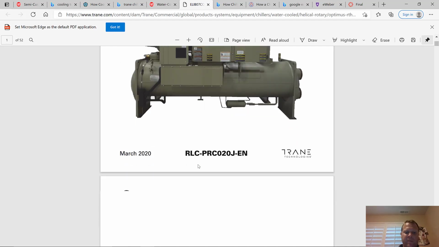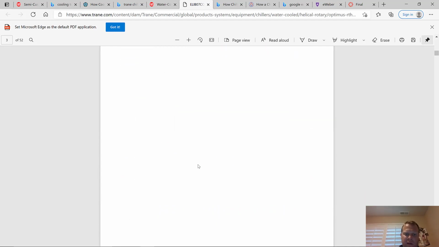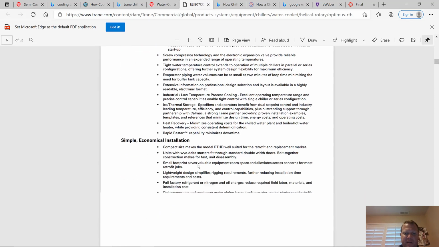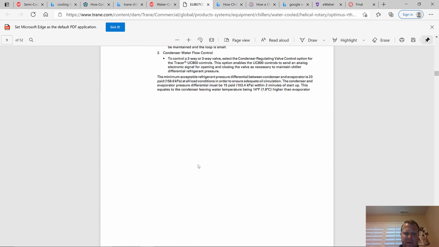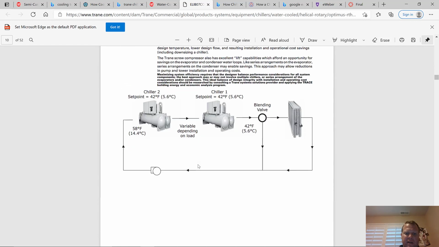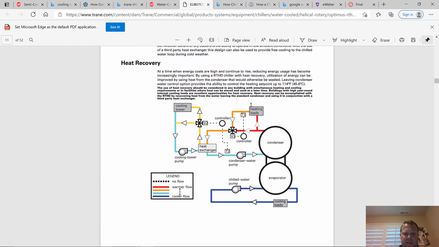Okay, here's my chiller. It's got a heat recovery piece in it, an option in it. As I was reading through this literature from the manufacturer, it's got this loop where we have the option on the condensing side to take some of that hot cooling water and go use it for heating loads before it gets back to the cooling tower, which I thought was interesting, but I don't know much about it.